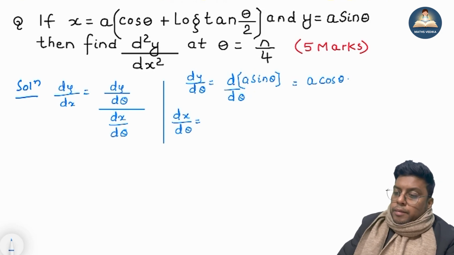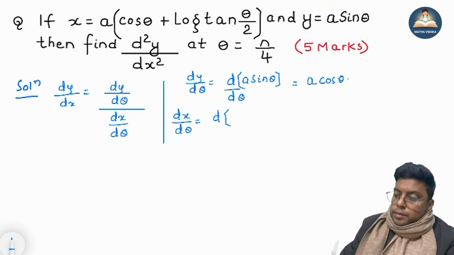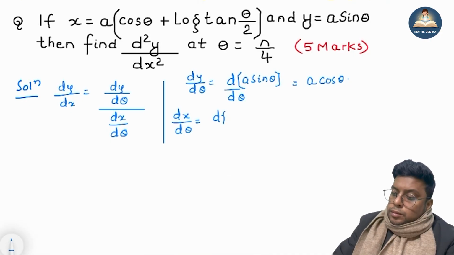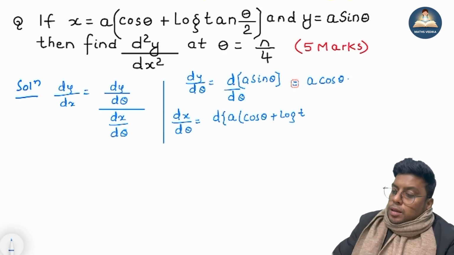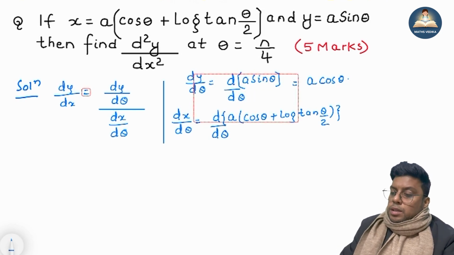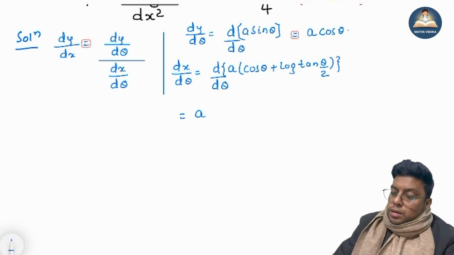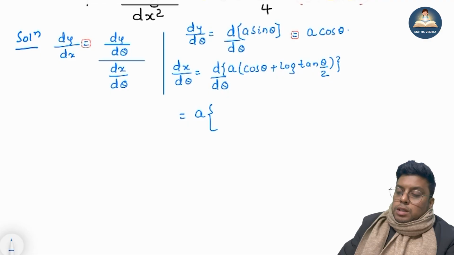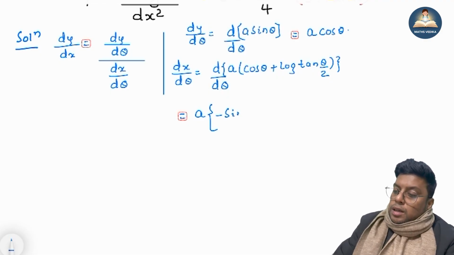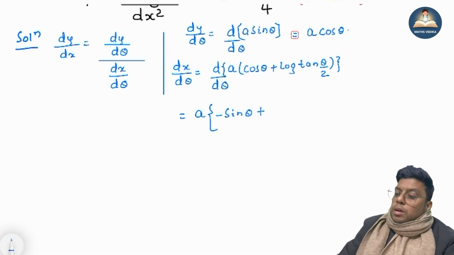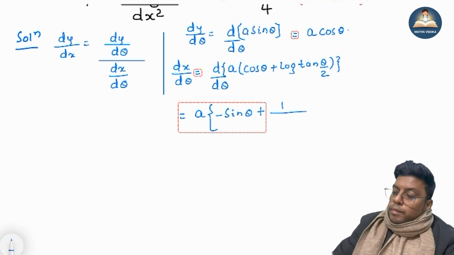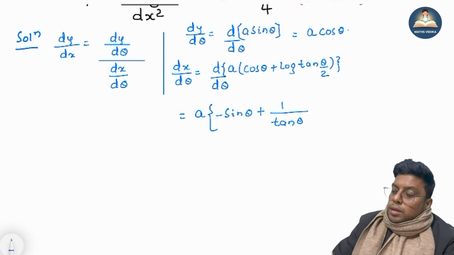So dx by d theta is equal to, let's put the value of x, a into (cos theta plus log tan theta by 2), differentiating this with respect to theta. a is constant, so it will be kept outside, and the differentiation of cos theta with respect to theta is minus sin theta plus the differentiation of log of tan theta by 2, which is 1 by tan theta by 2.